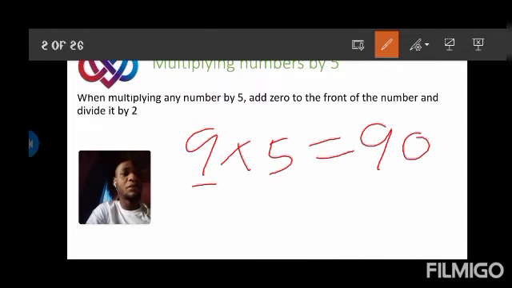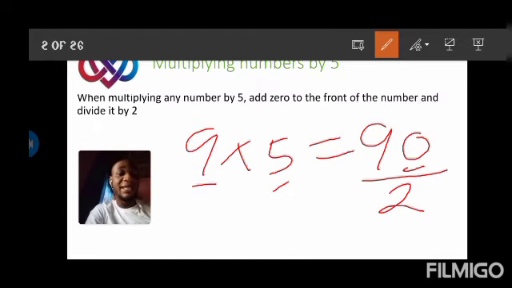And we know that 5 is half of 10, so we have to divide our answer by 2. That's why we first multiply the number by 10, then divide it by 2, because 5 is half of 10.